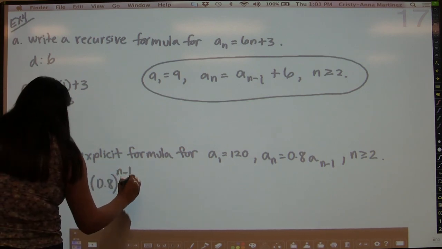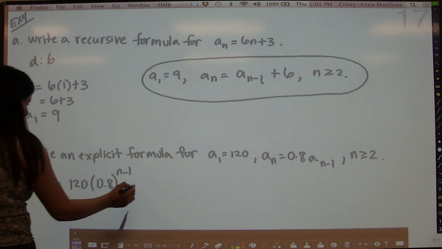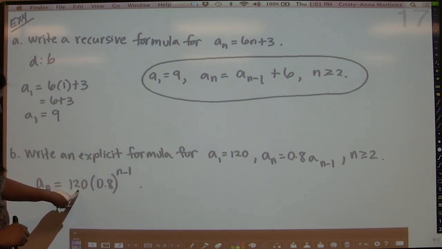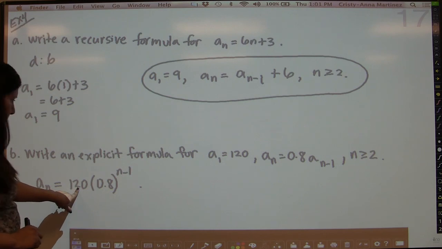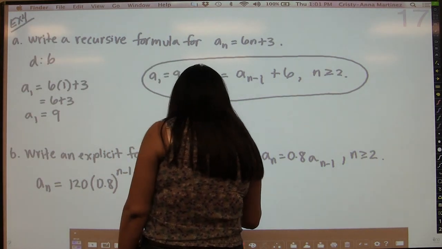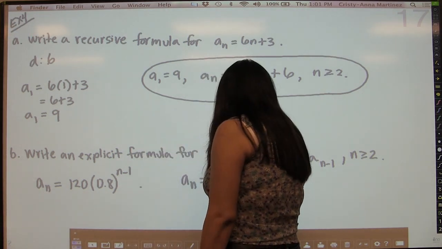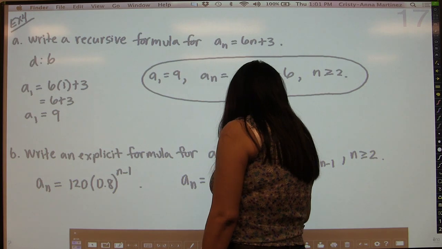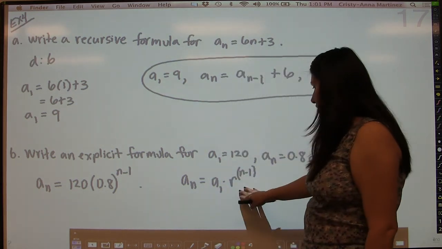This is the formula that we just did in this chapter. So basically you have the initial amount, the first term goes here. So I can actually write it out for you. I'll put it here, a sub n is equal to a sub 1 times r to the n minus 1 power. Okay, that's the formula that we use.